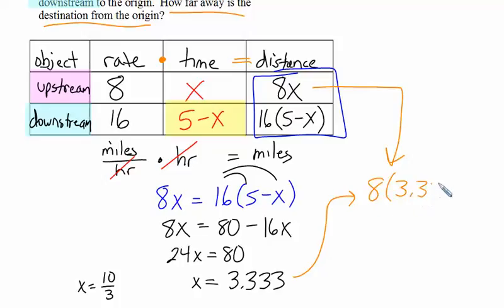So we're going to take 8 times 3 1/3, or you could keep all those decimals, 8 times 3.3333333, and it comes out to be 26.67. Don't forget your label on the 26.67. It would be miles.